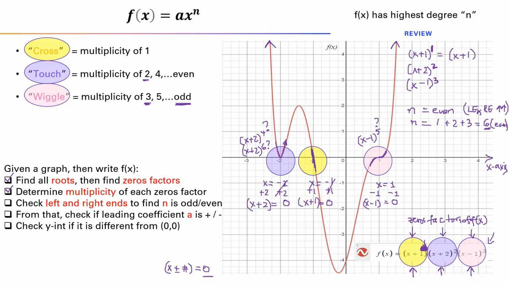maybe. So the next thing we have to do is check if the leading coefficient a is plus or minus, and also we can check the y-intercept if it's different from 0, 0. So we see that we have the y-intercept at -4.